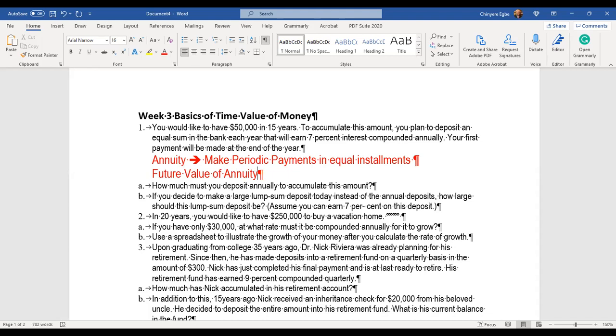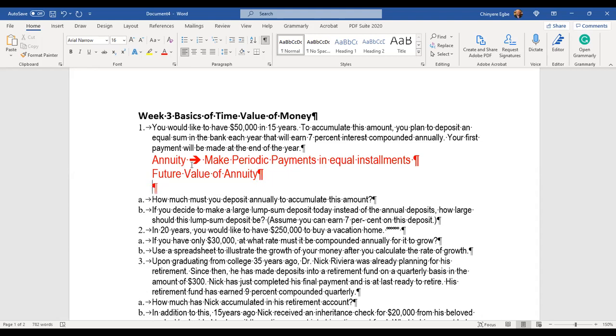The way to solve for the future value of an annuity is FVA will be equal to the annual amount, let AM represent annual amount, times FVFA, the future value interest factor for an annuity at 7% for 15 years.